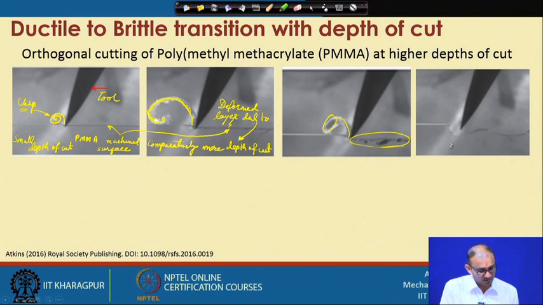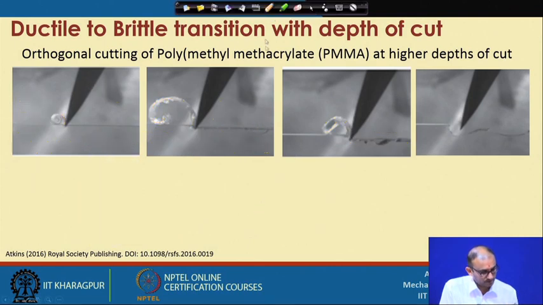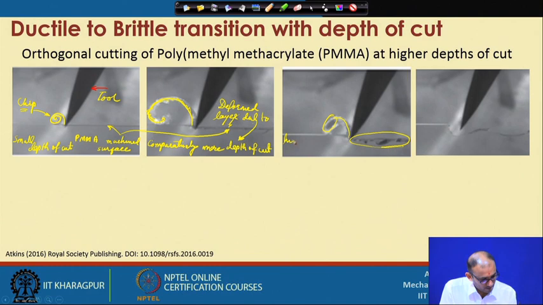Let us further increase this. Now, this is even more depth of cut. So, this is higher depth of cut, and this is very high depth of cut. Now, what is happening in this case is that the material is getting fractured severely.